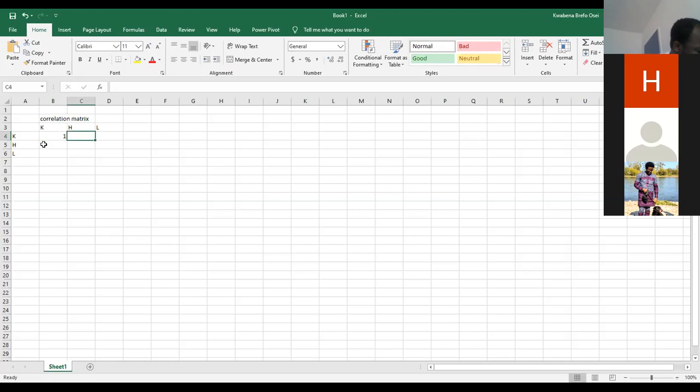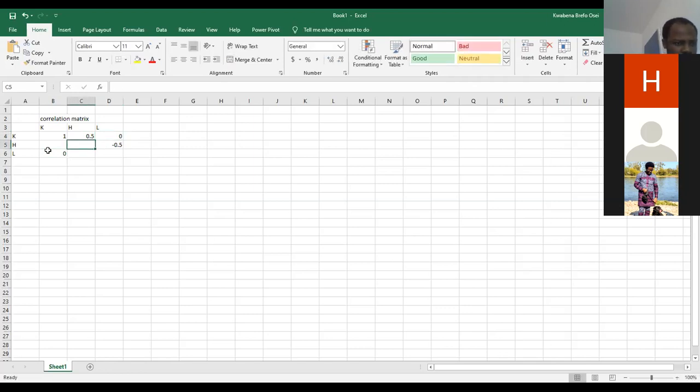Now the correlation between K and H is 0.5. And that of H and L is negative 0.5. So that means this is also H and K, and K and L is 0.